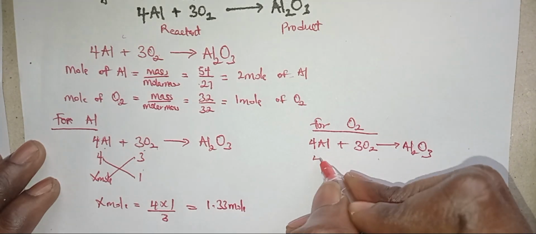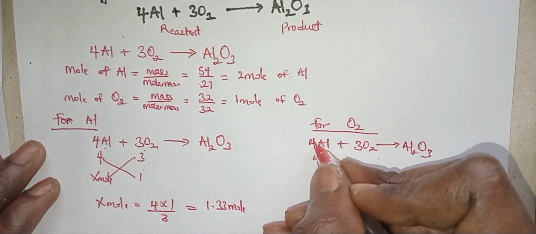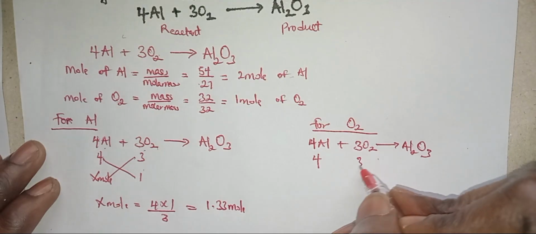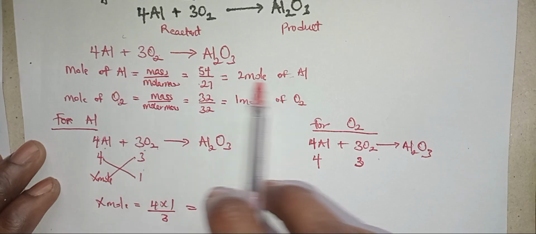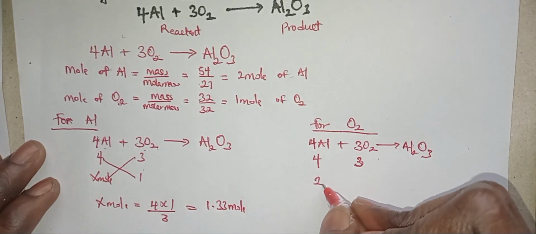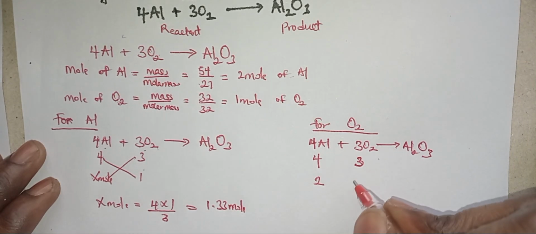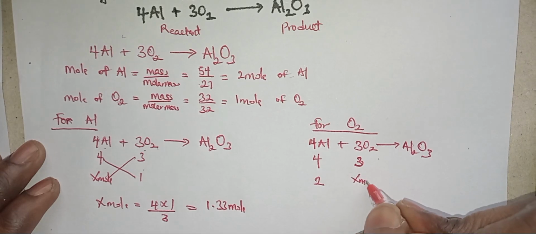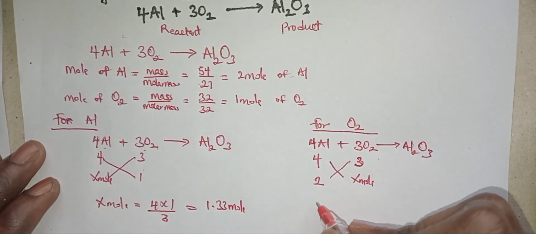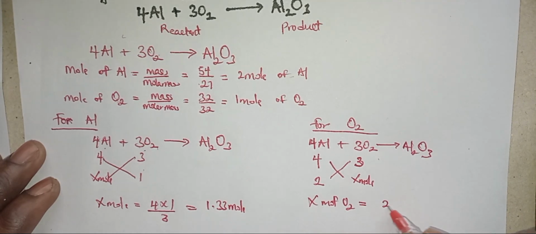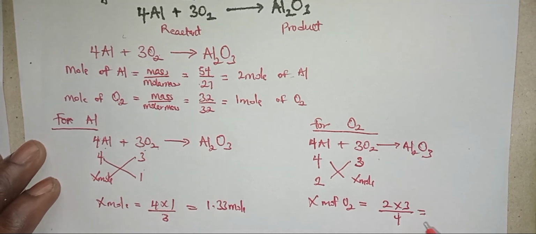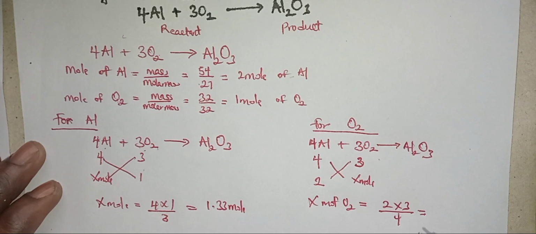I will copy the 4 and the 3 from the reaction, and the mole I calculated earlier for aluminium, which is 2, multiplied by the x mole of oxygen. So I will now cross multiply. The x mole of oxygen will be equal to 2 multiplied by 3 upon 4, which will give me 1.5 mole of oxygen.